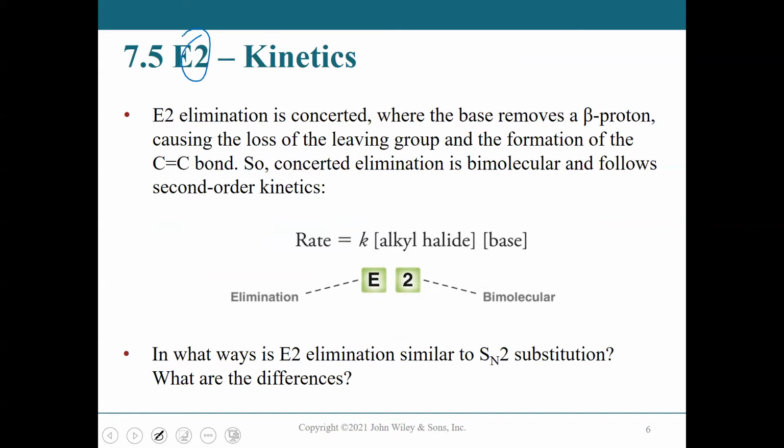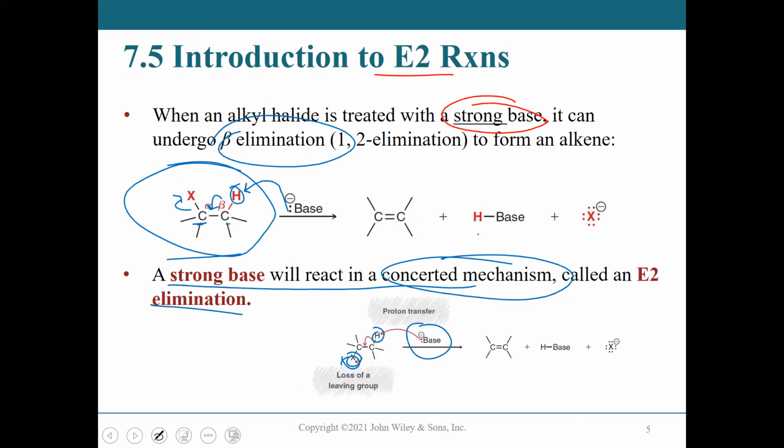The kinetics here is basically explaining what the number 2 means. We explained that already for SN1 and SN2, but that bimolecular, this number 2, means that the most difficult step of the reaction depends on 2 species. In my case, it's going to be my substrate and the base. This particular step depends on the presence of the base.